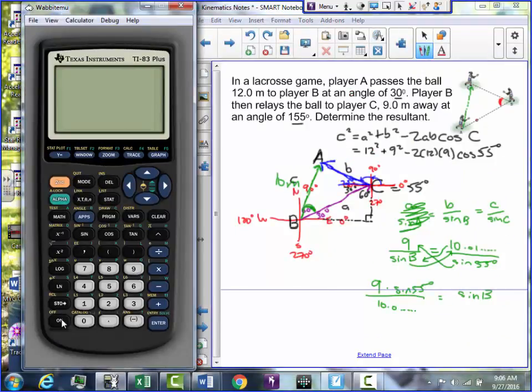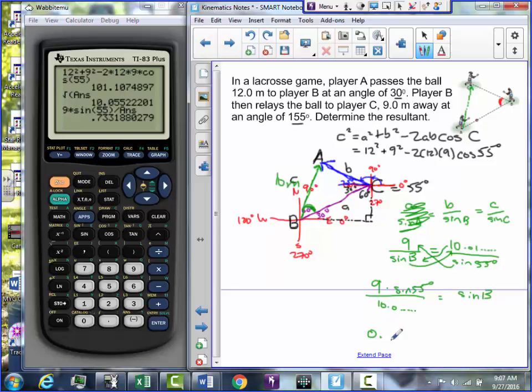So 9 times the sine of 55 needs to divide by that 10 point number, which conveniently I have sitting right there. And I get this 0.733. There's no way that that angle is 0.73 degrees, right? But that's because we're not done. This tells us what sine of B is equal to. So I could say that 0.733 is equal to sine of B.